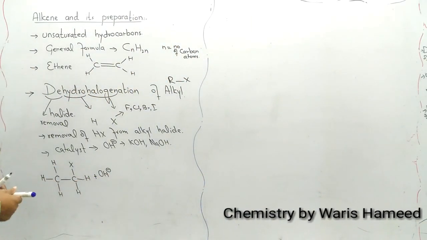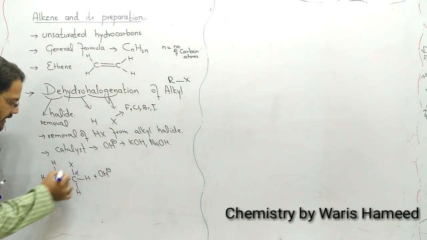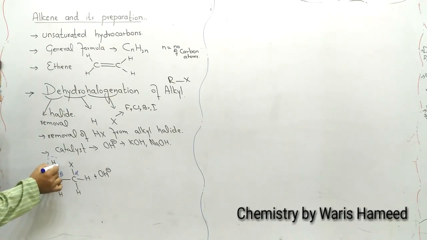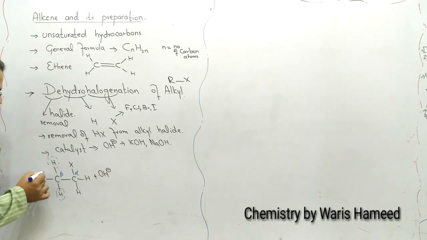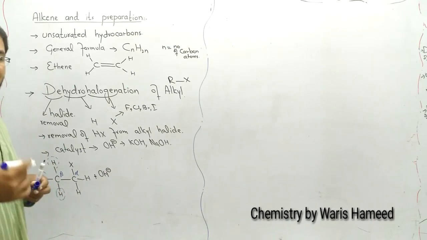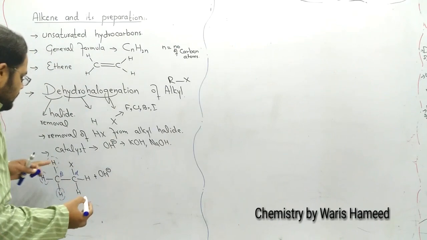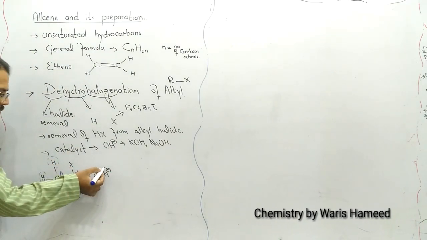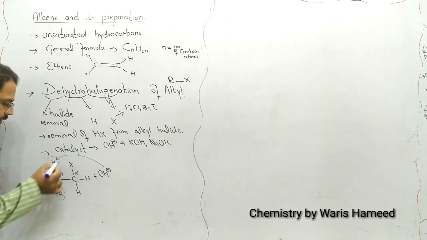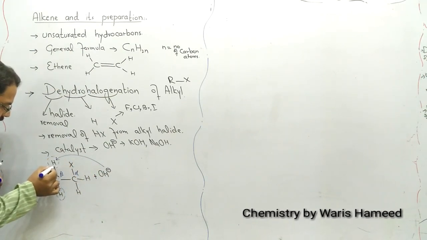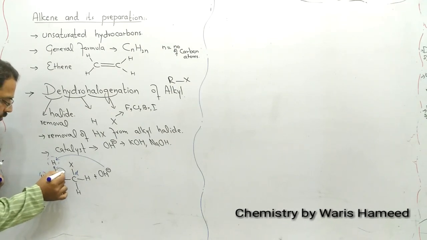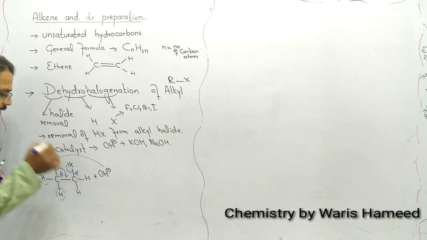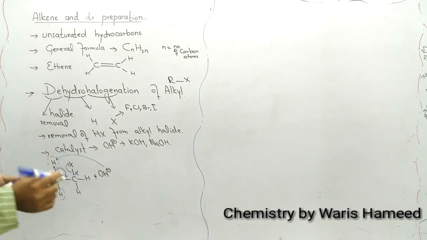Here is the alpha carbon and here is the beta carbon, and the hydrogen attached to the beta carbon is the beta hydrogen, which is mostly acidic. A base has the ability to pick acidic protons, so it will attack this hydrogen, and these electrons will come in between carbon and carbon, and these electrons will go toward the halogen, forming a double bond.